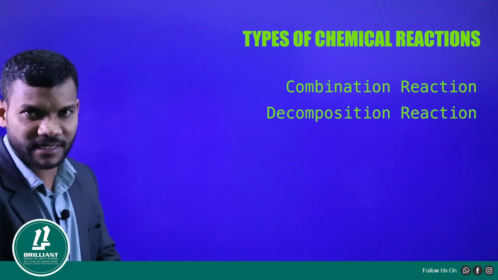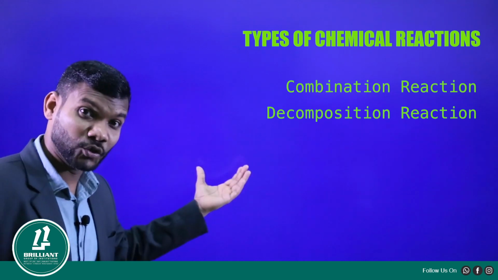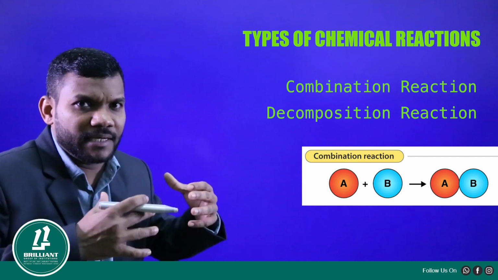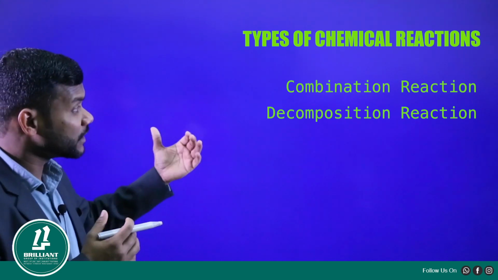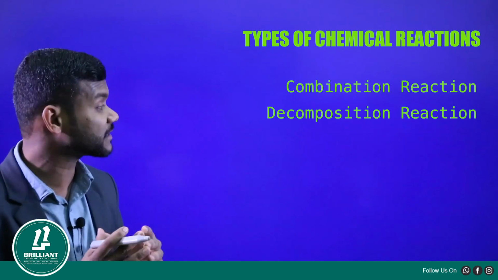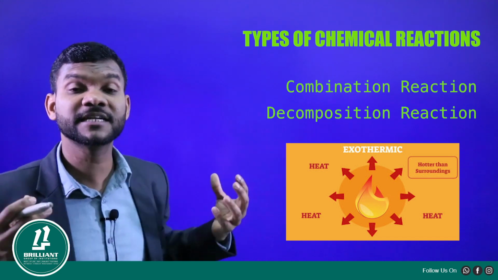Today we have discussed two important types of chemical reaction: combination reaction and decomposition reaction. In the combination reaction, two reactants combine to form a single product. Generally, combination reactions are exothermic, meaning they release heat outside.